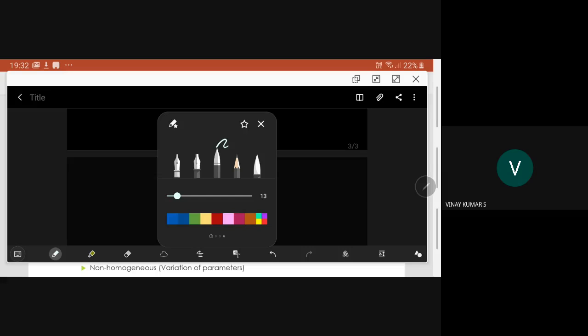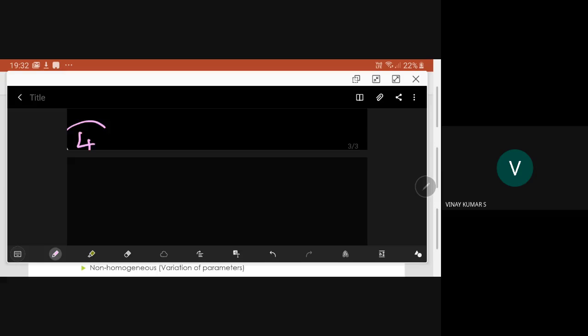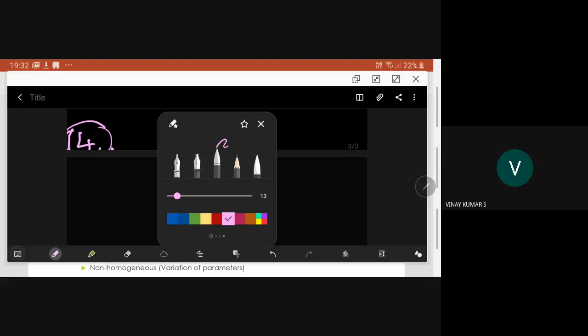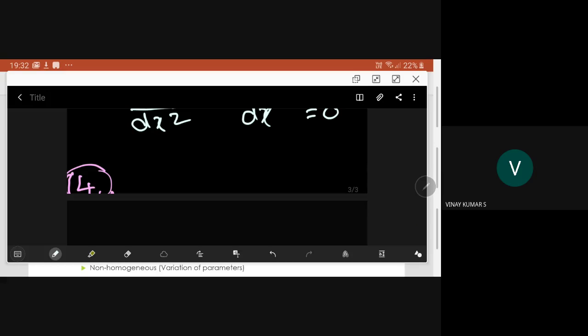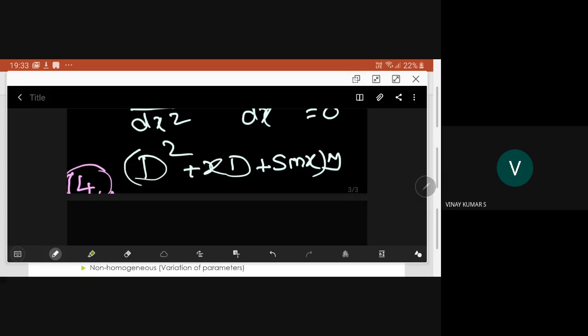So if you look at the fourth example, one can take the fourth example as D square plus xD plus sin x acting upon y is equal to say e power x.